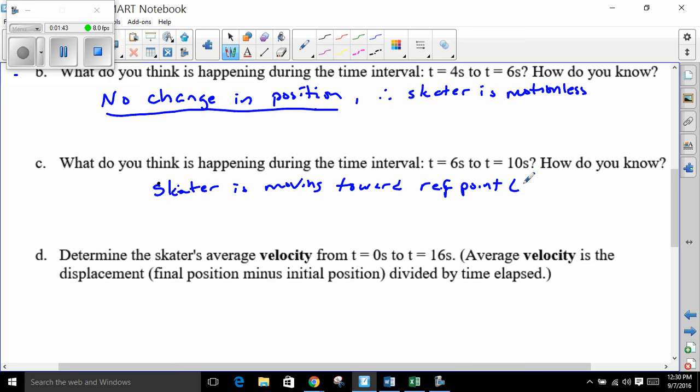The skater doesn't reach the 0 point, but starts moving in that direction. And how do you know? I would claim this to be true because the negative slope implies motion in the negative direction.